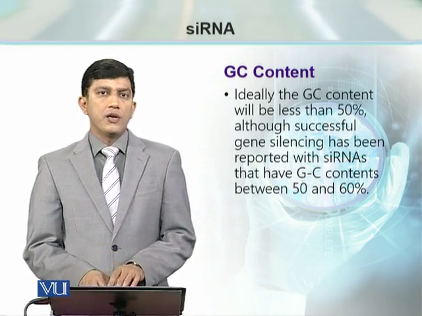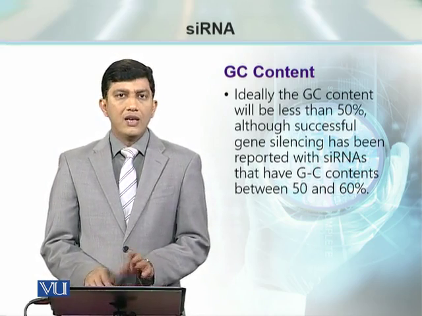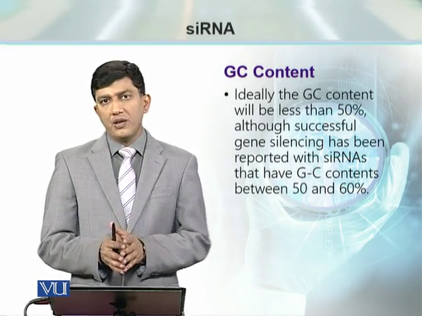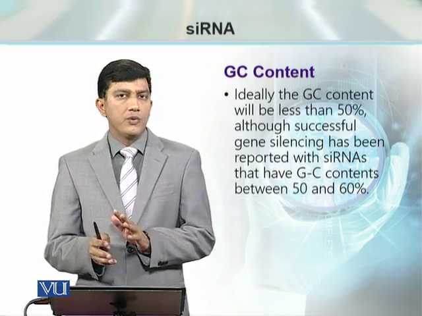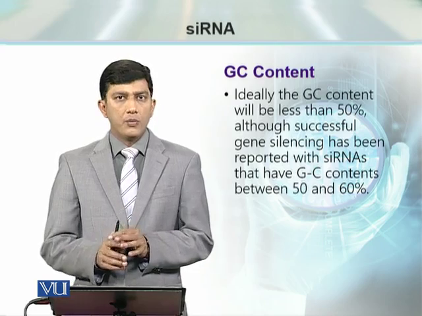Ideally, the GC content of any double-stranded nucleic acid molecule should be less than 50%. However, for these siRNA experiments, it has been observed that if the GC content is between 50 to 60%, successful results have been obtained.